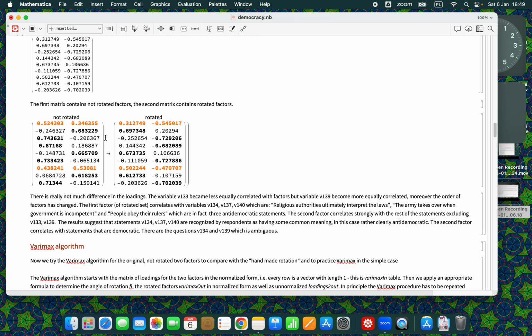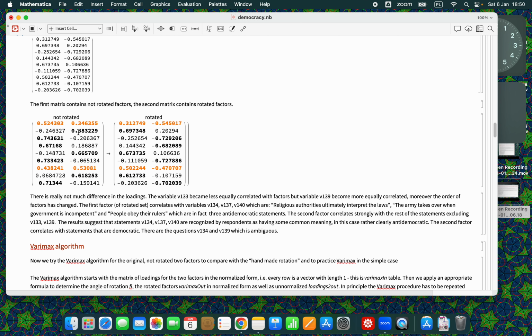However, we can look at those factors, and it doesn't matter, not rotated or rotated, and try to interpret them. We have to forget about the first and the seventh variable. However, maybe we'll start with the second factor. The second factor here correlates with variables which are rather undemocratic.